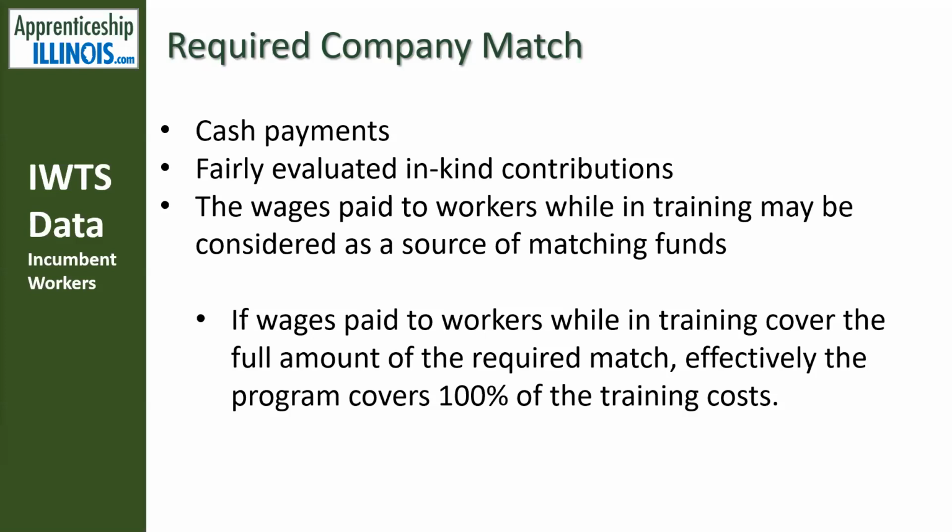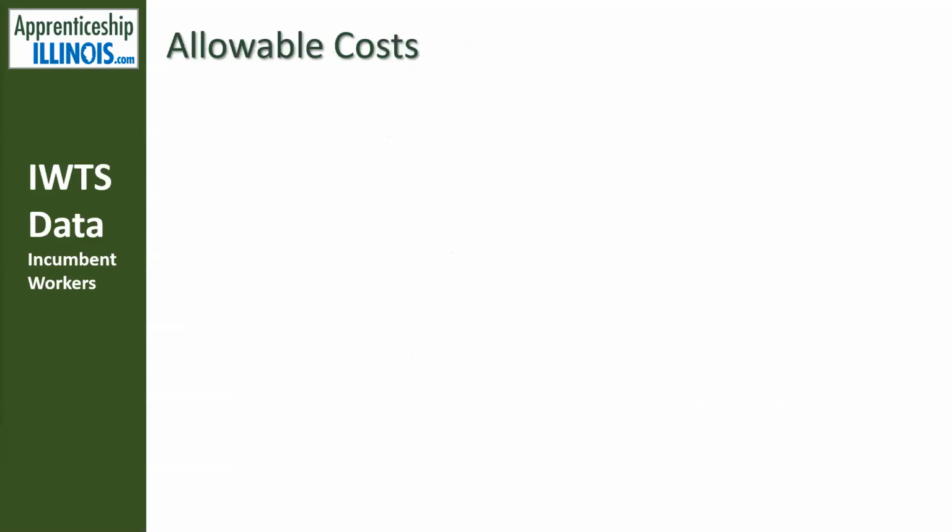If by chance the company can't meet the required match through wages alone, then they could make a cash payment, or you could lower the amount of the reimbursement to them in order to get them to the level that they need to be. Okay. So again, 99.5% of the time, that's how companies meet the required match, through paying wages.